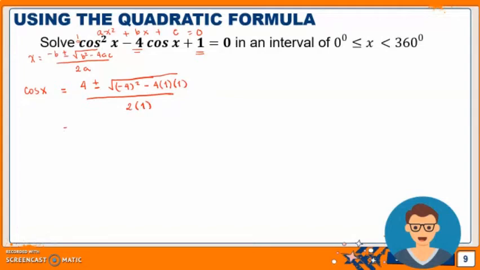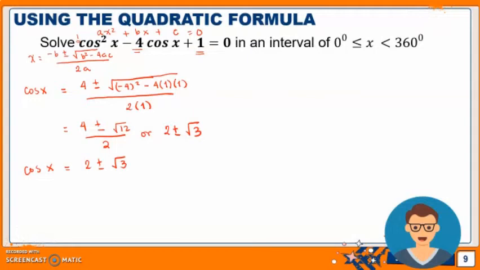Simplifying further, we have 4 plus or minus the square root of 16 minus 4, which is 12, over 2. Or this is 2 plus or minus the square root of 3. Thus, we have cosine x is equal to 2 plus or minus the square root of 3.